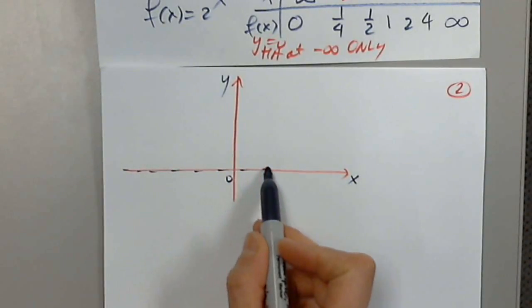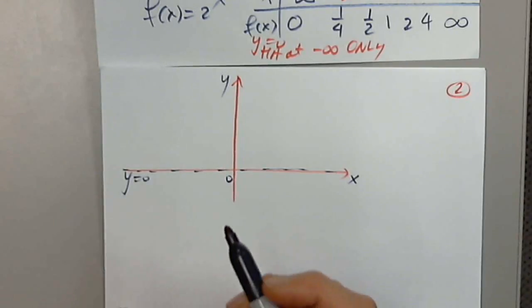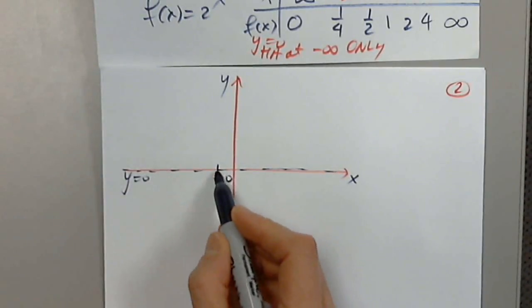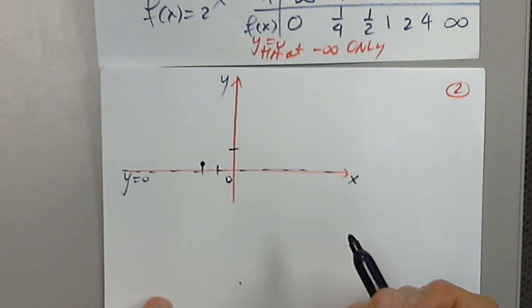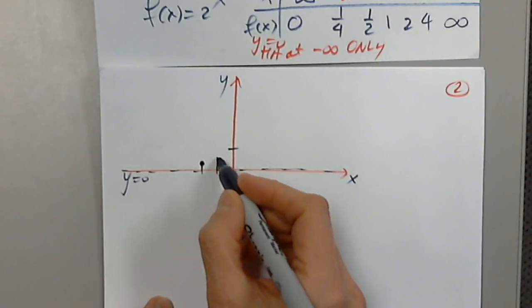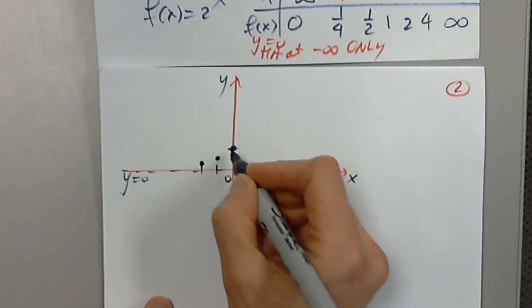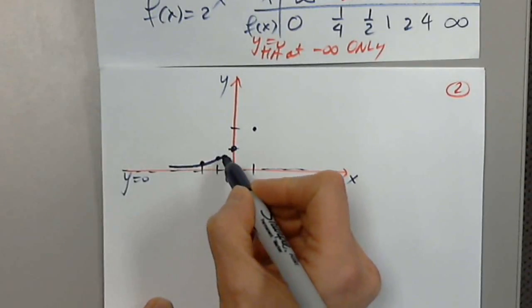Although this is an overkill, because this is y equals 0. And please give me the first ordered pair that I need to plot. -2, 1/4. The next one. -1, 1/2. And then 0, 1. And then 1, 2. And so on and so forth.